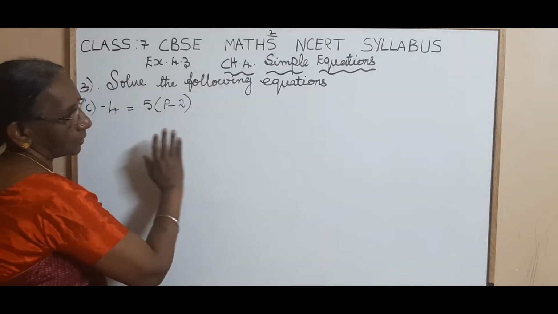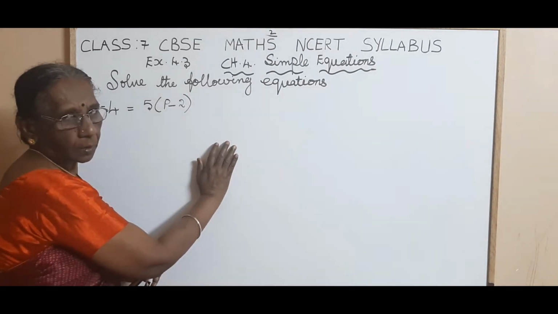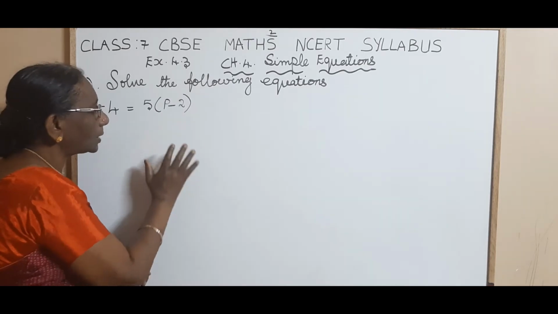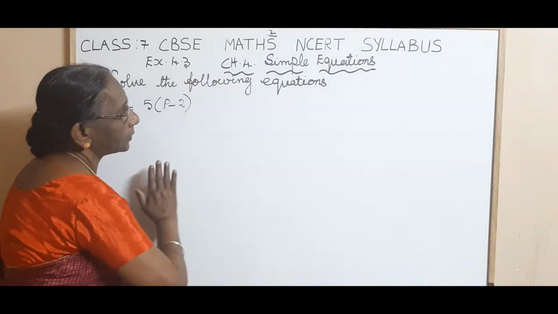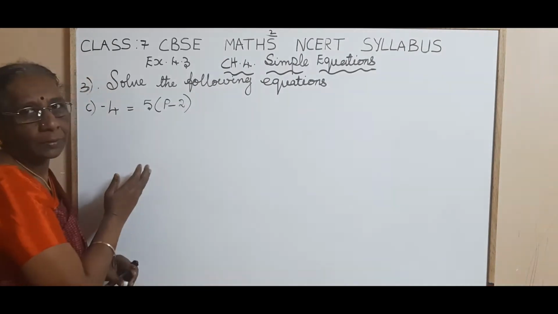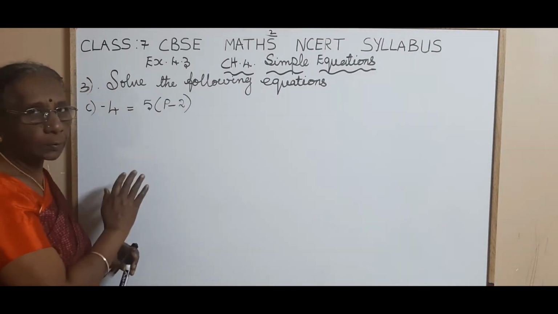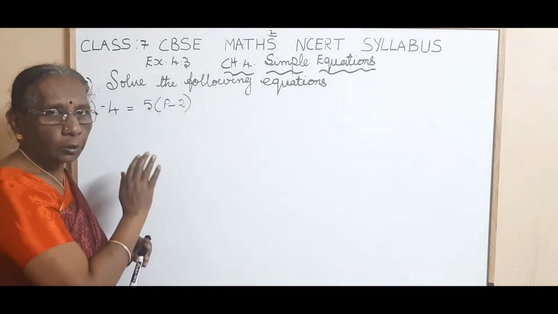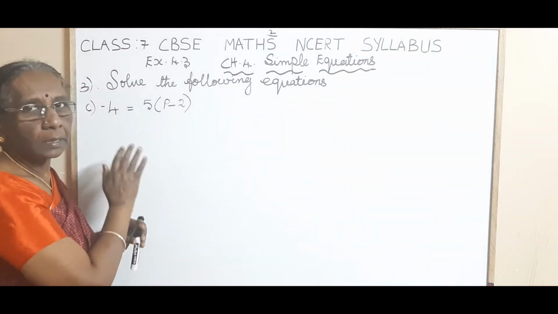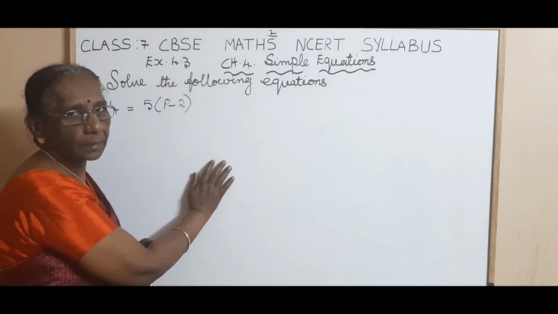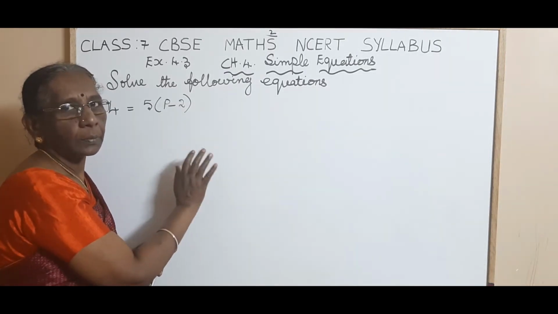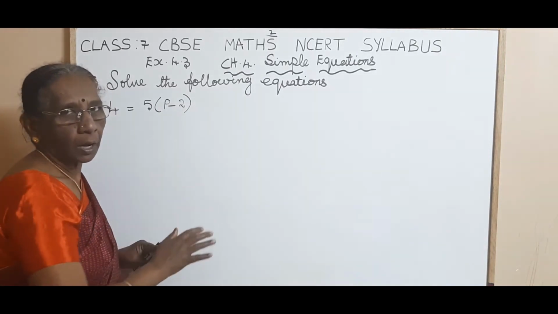Always we will be writing from left to right. So the calculation part comes only in the right hand side. You cannot write from right to left, isn't it? That's why always you have to bring the variable in the left hand side and the constant to the right hand side. That is the main rule you have to follow.